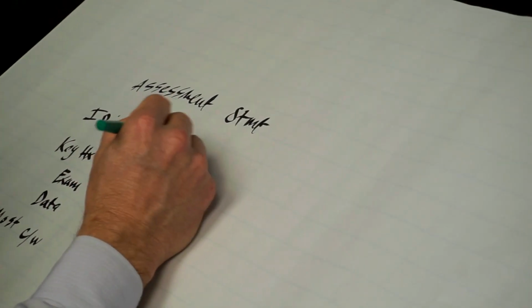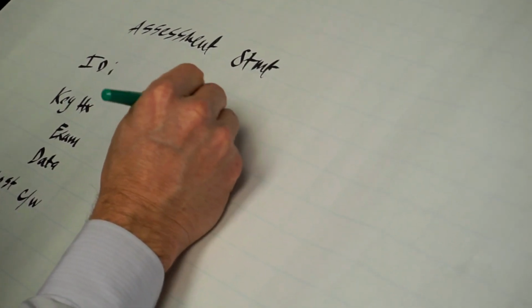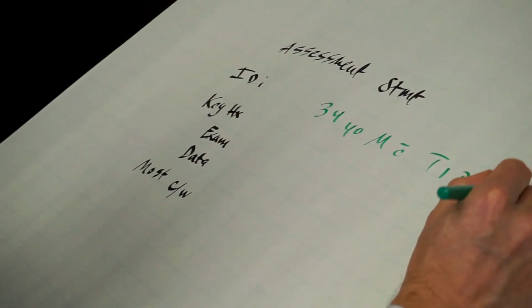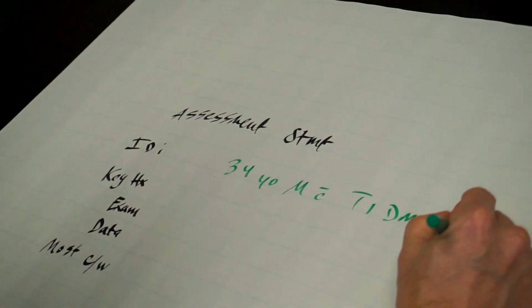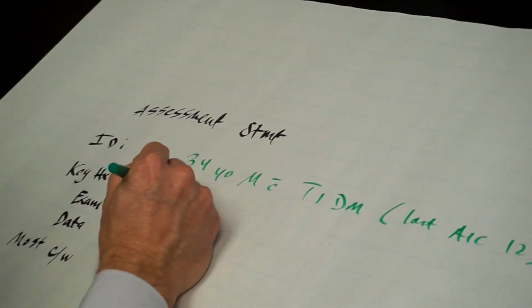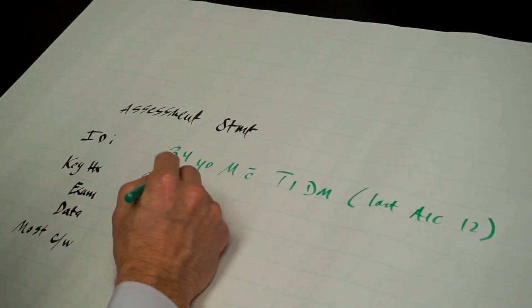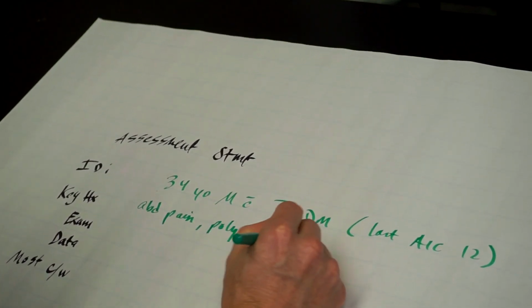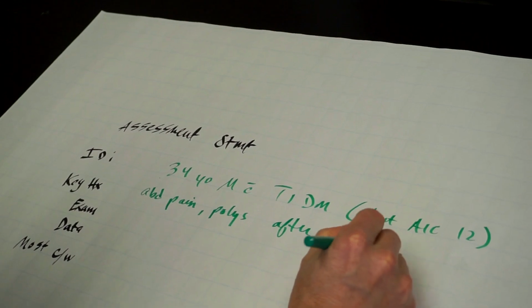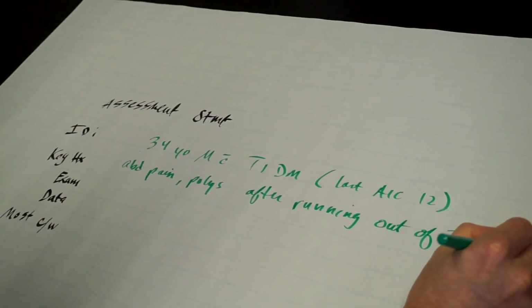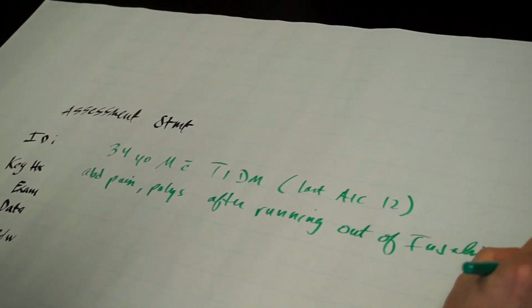Okay, so let me give you an example in another color. This would be a 34-year-old male with type 1 diabetes, and sometimes they'll say modifying things like the last A1C was 12, here with abdominal pain, polys, after running out of their insulin times 3 days.